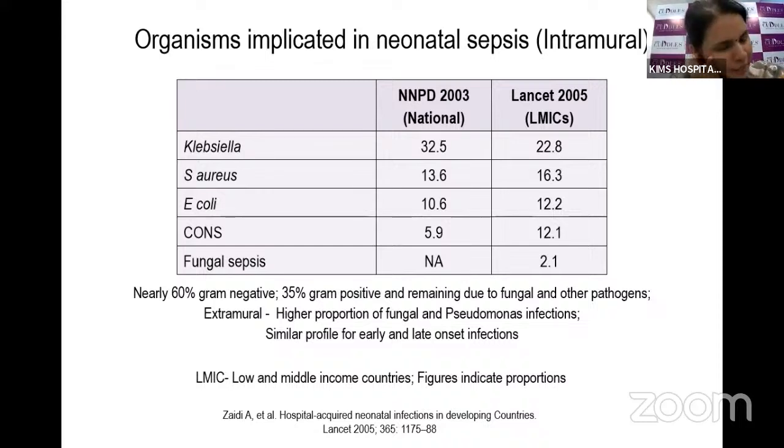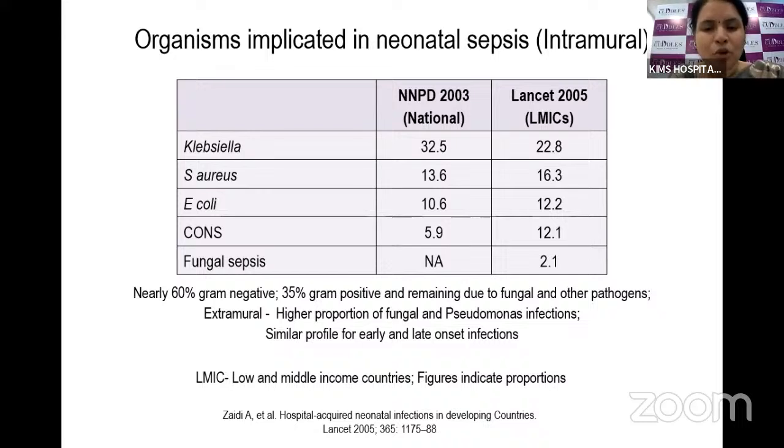So the NNPD database as of 2003, but this is not very recent though, says that among all the bacterial isolates in NICUs, Klebsiella is by far the most common organism, accounting for nearly 1/3 of all the bacterial isolates. Up to 32.5% of all bacterial isolates were Klebsiella.